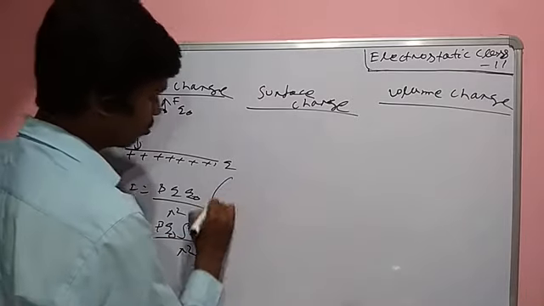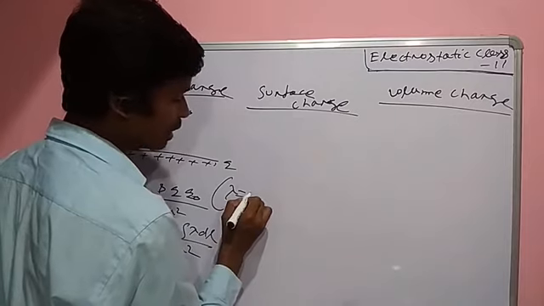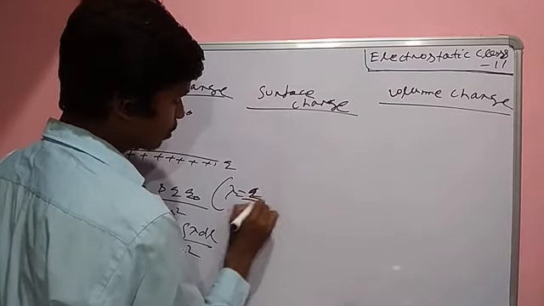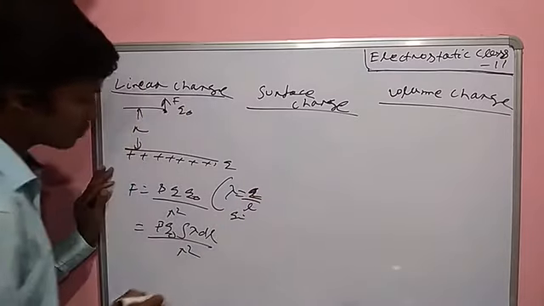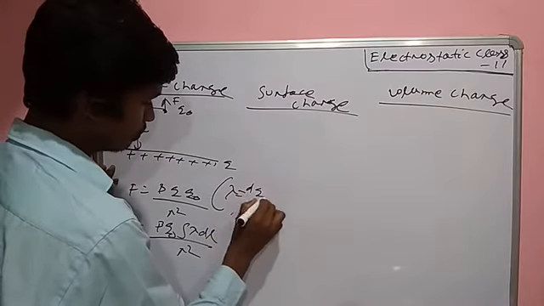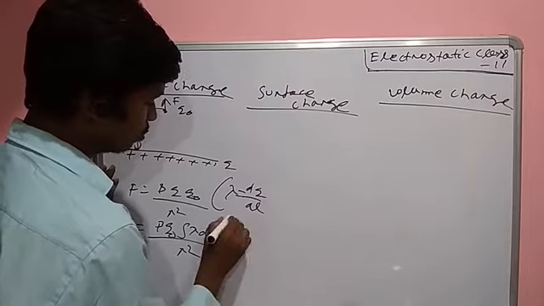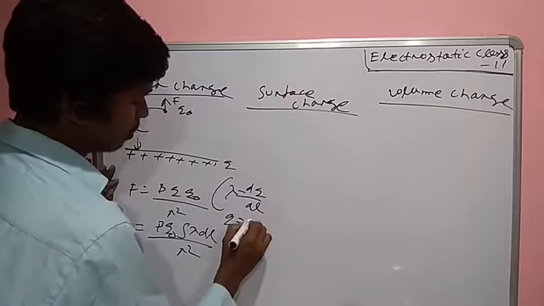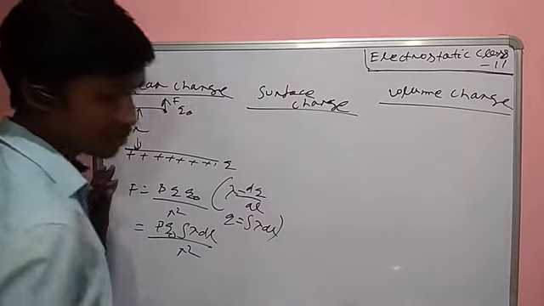We have already known lambda is equal to dq by dl or q by l, so q is the integration of lambda dl. Yes or no?